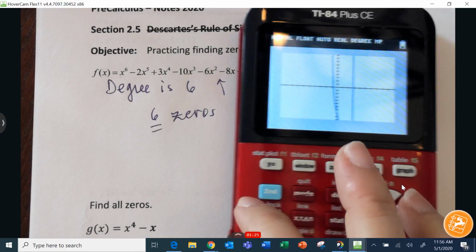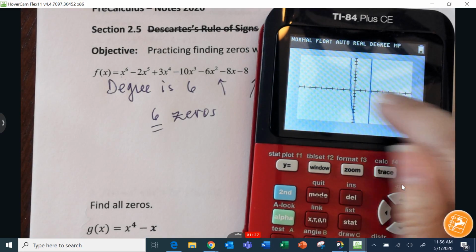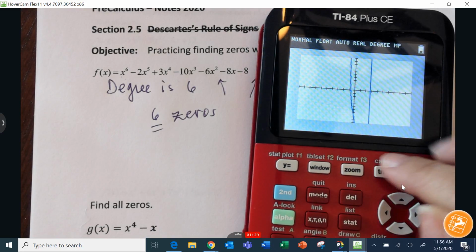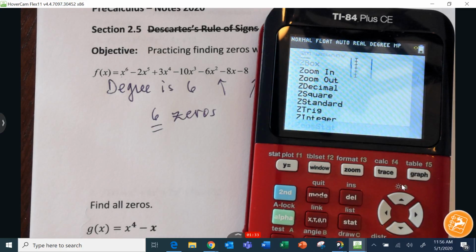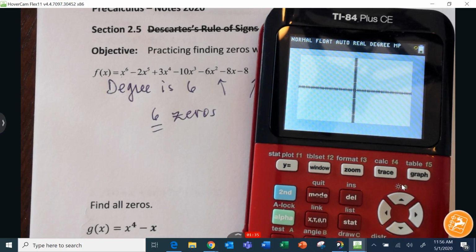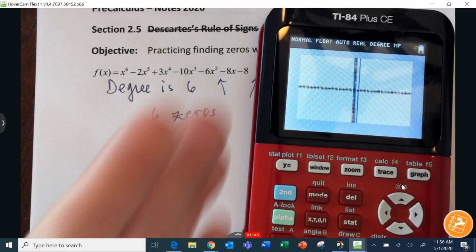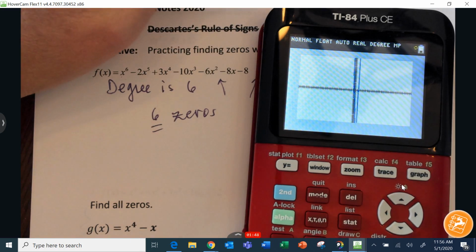Now, it is very possible that there could be a zero somewhere that is not on this screen. So we could always zoom out. Zoom 3, enter. And it appears that it's going to keep going like this.